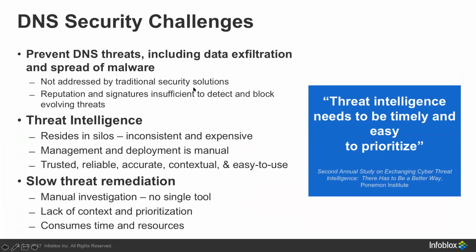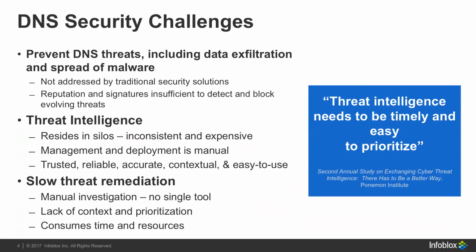So what are some of the DNS security challenges that customers face today? We're going to take a look at three of the main primary areas. Of course, there are others not captured here, but for purposes of getting the high level areas that we focus on, we'll run through these three. So the number one is prevention and detection, right? There's a lot of different threats going on over DNS. We want to help customers be able to prevent and detect those types of threats as they're happening.